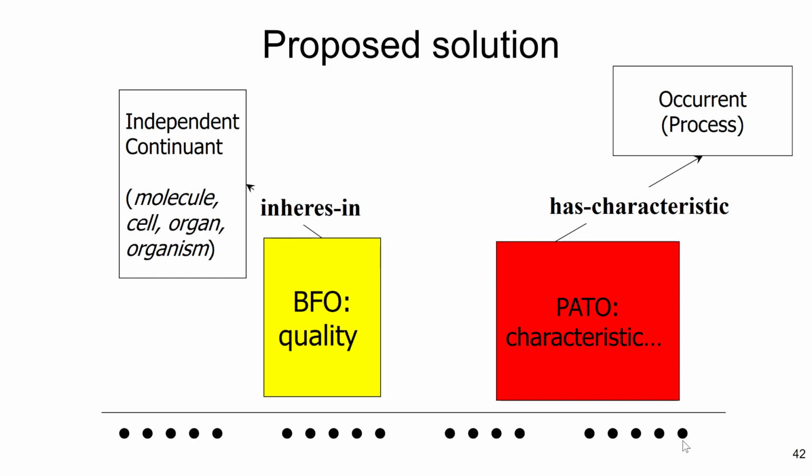And so we made a decision. This is not quite a true story, but it will give you an illustration. We made a decision to change PATO process qualities so that it would henceforth be called PATO process characteristics. Now, PATO process quality is a term used in hundreds of ontology initiatives around the world.